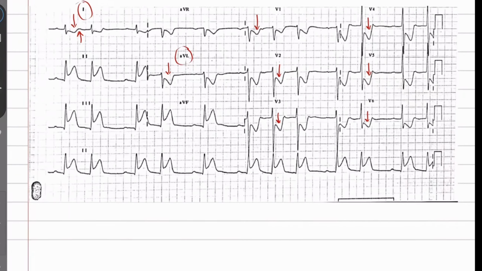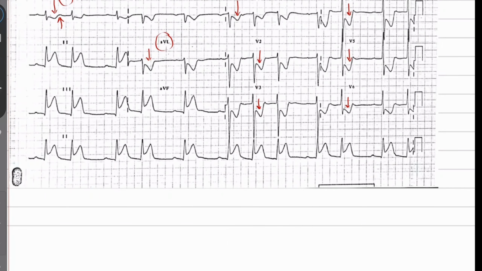You see in the rhythm that here a P wave is followed by the QRS, but here there is no P wave before the QRS, and here it is again. The beats with a P wave before the QRS are sinus beats.